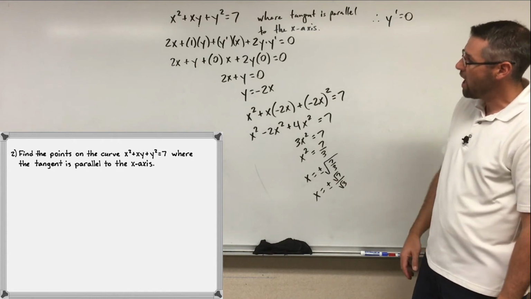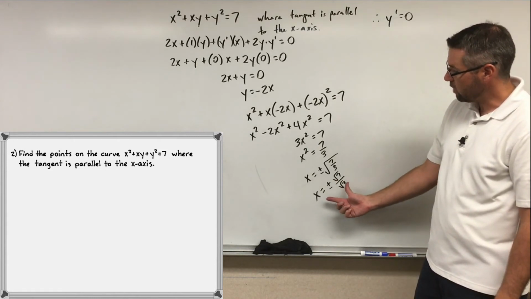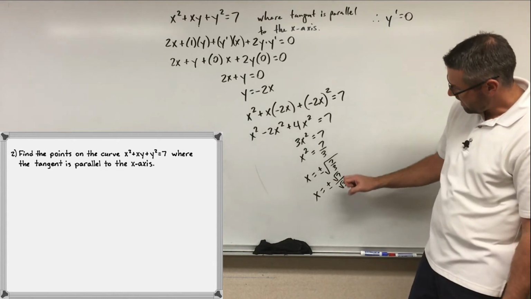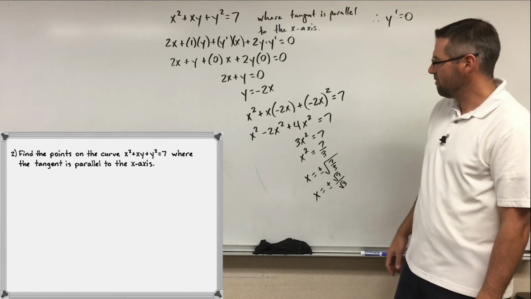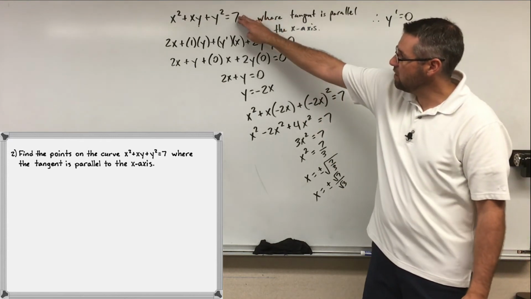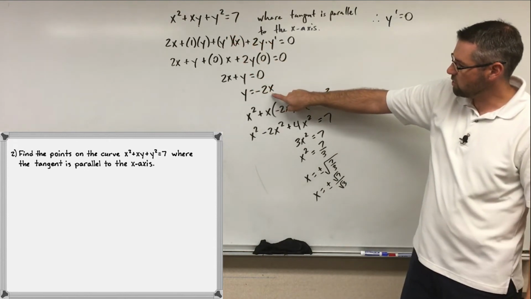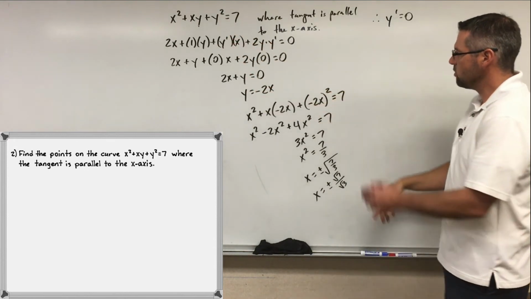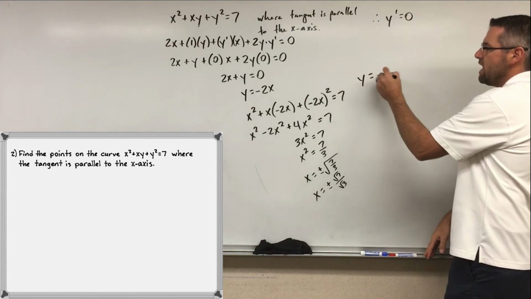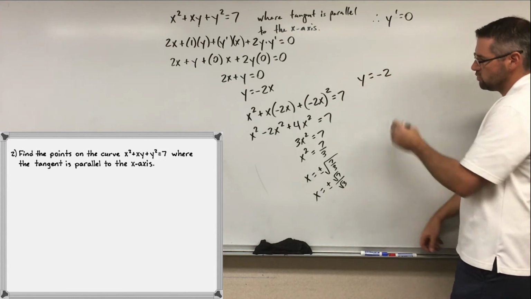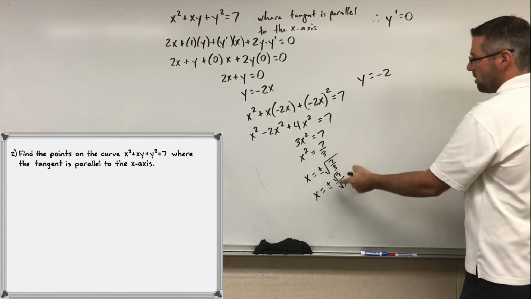Now I need to find my y values that correlate with this. So I'm going to take that, and I could either plug it into this guy for x to solve for y, or I could use this equation right here. This one's a lot simpler. So we would have y equals negative 2x. I'll do both of them separate. I'll do the positive version first.